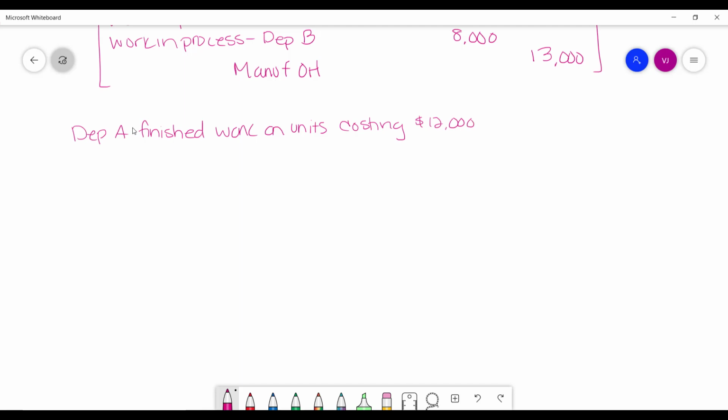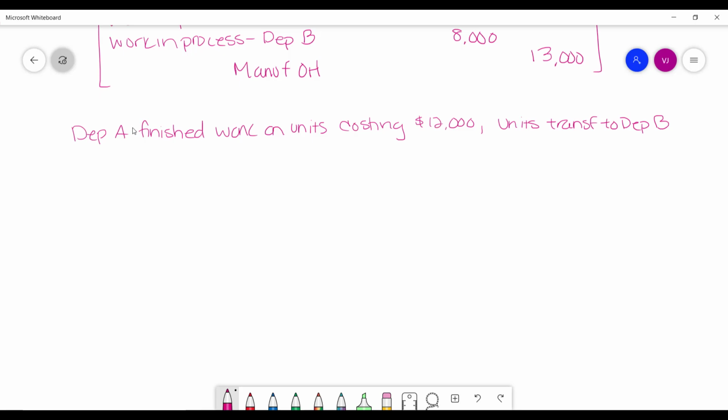So Department A finished its work. Doesn't mean the units are complete, but Department A finished its work on units costing $12,000. Okay? And then those units were transferred to Department B to finish production.